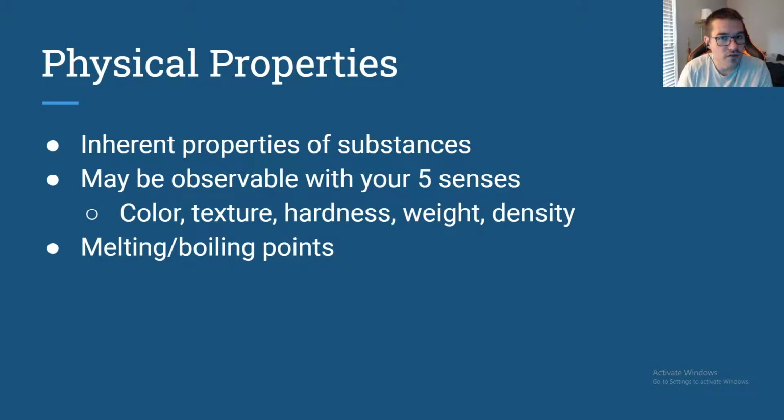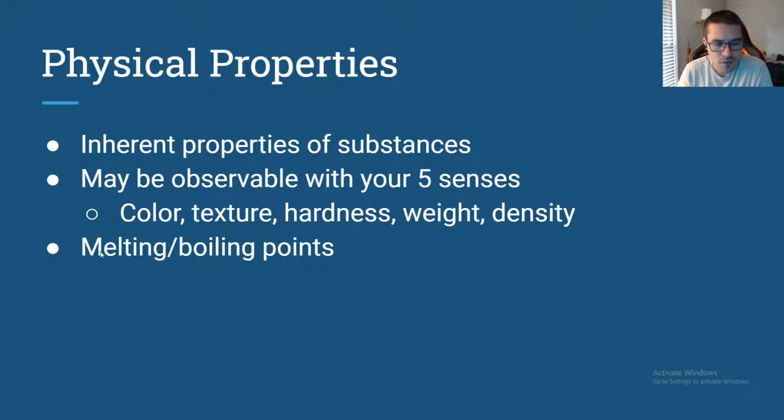Water melts or freezes at 0 degrees Celsius, or 32 degrees Fahrenheit, and it boils or condenses at 100 degrees Celsius, or 212 degrees Fahrenheit. Sorry, got that a little mixed up in my head there.